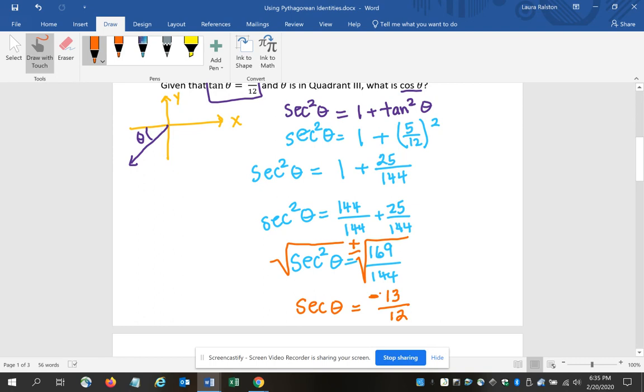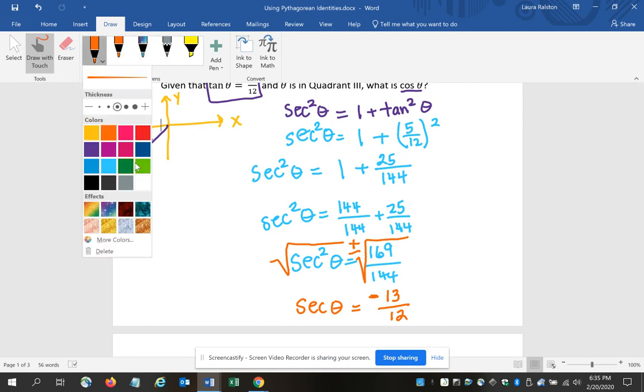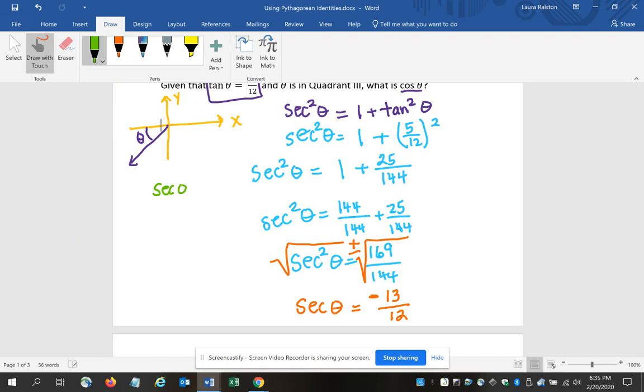So I found secant, but I'm looking for cosine. But I remember, or hopefully you remember, that the secant of theta is 1 over the cosine of theta. Or you can look at it the other way. Cosine of theta, which is what I really need, is the reciprocal of secant.